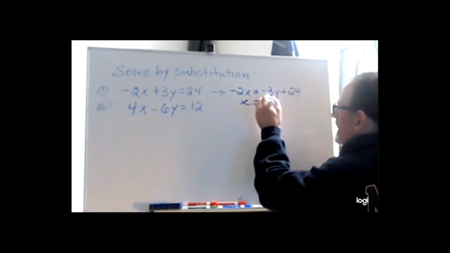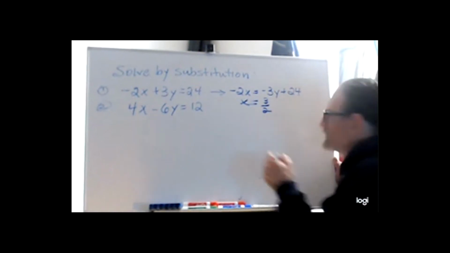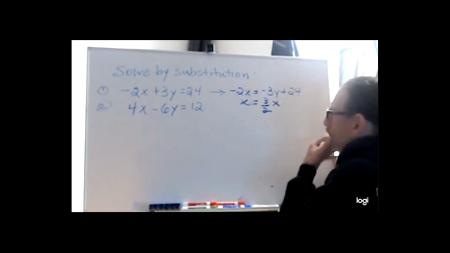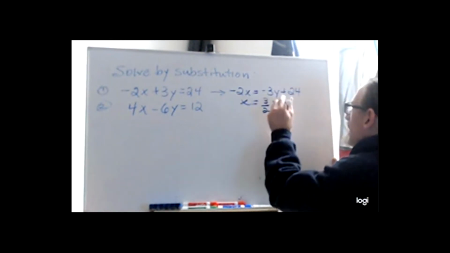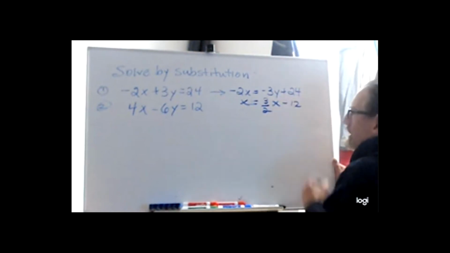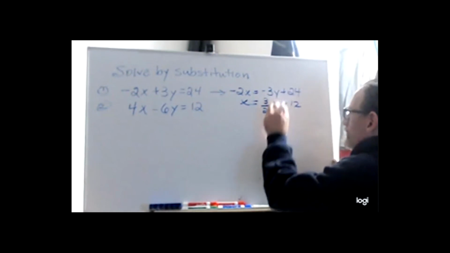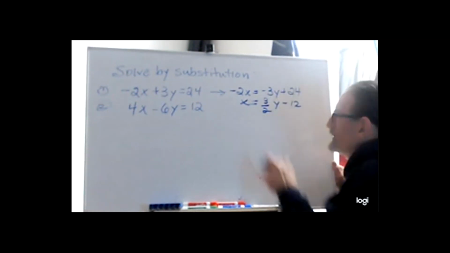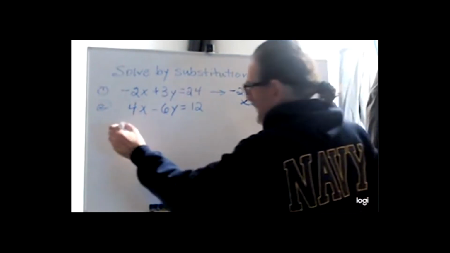Negative 3 divided by negative 2. The negatives will cancel, but we don't get any reduction beyond that. And then positive 24 divided by negative 2 is negative 12. Sorry, that's y. You take that rewrite of the first equation and plug it in for x in the second equation.